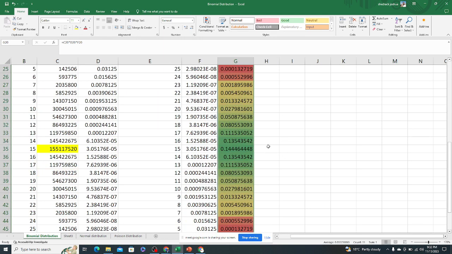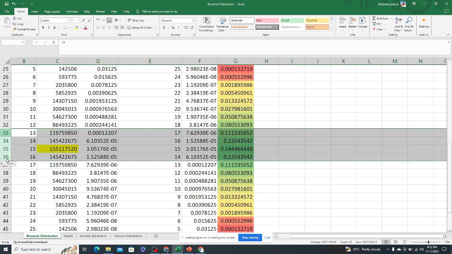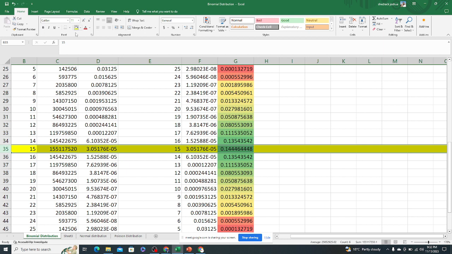Since we assumed 50-50, you will find that the probability will be highest at the middle, where we have the center, or the mean, of all these bulbs.